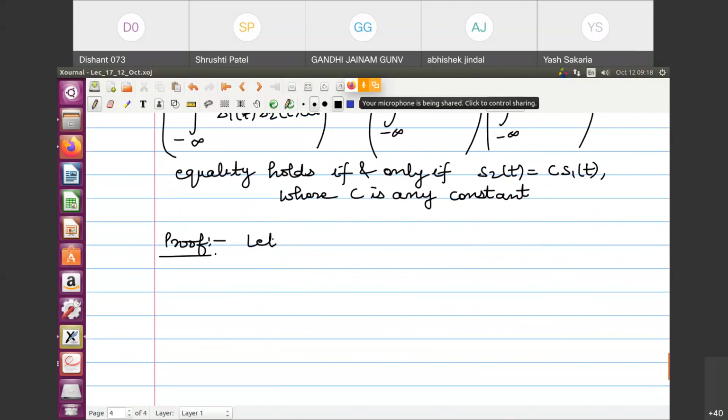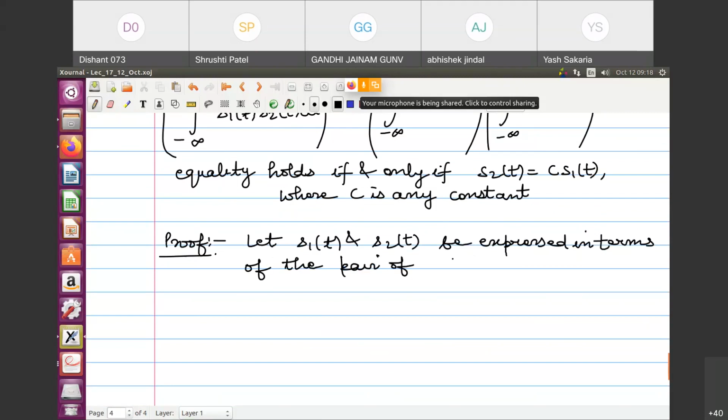Let S1t and S2t be expressed in terms of the pair of orthonormal basis functions phi1t and phi2t.